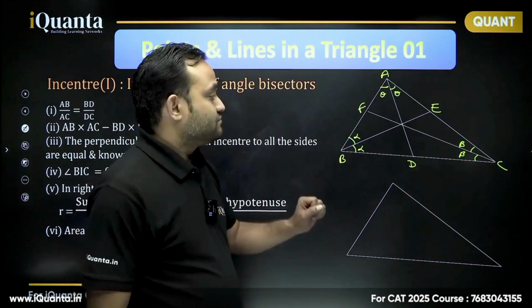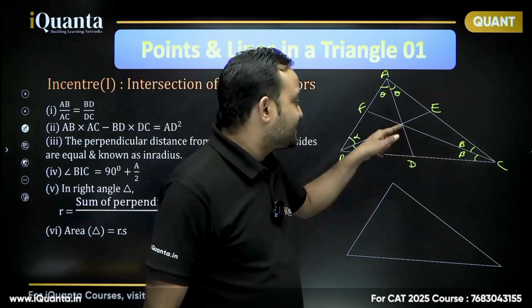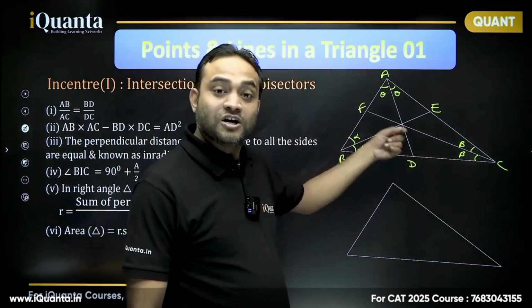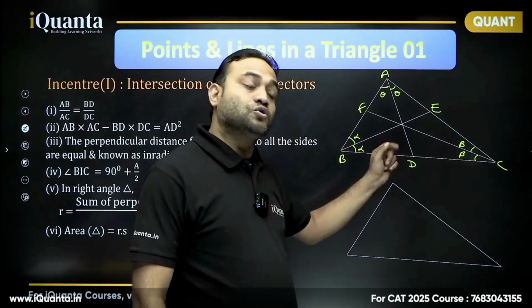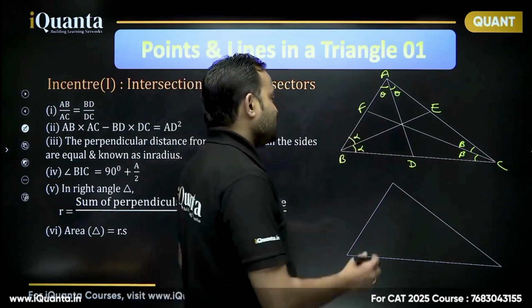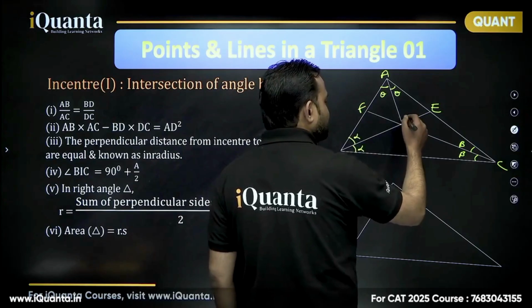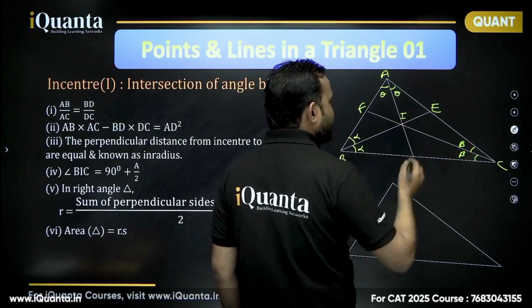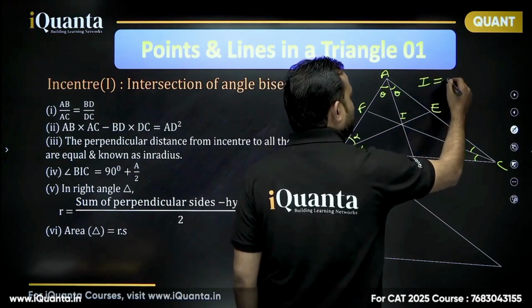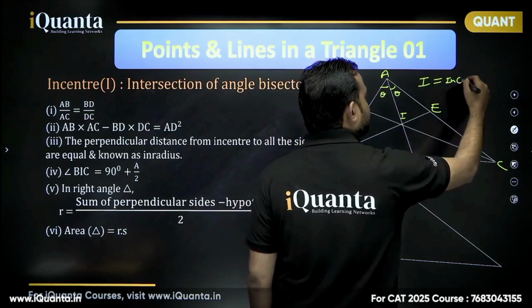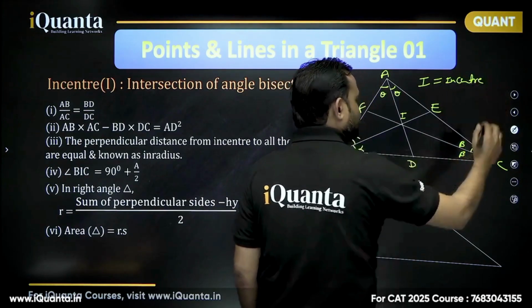And whenever two of such lines are intersecting at some place, the third line will also go through the same point. So this intersection point is known as I. I means incenter. I is nothing but incenter of this triangle.